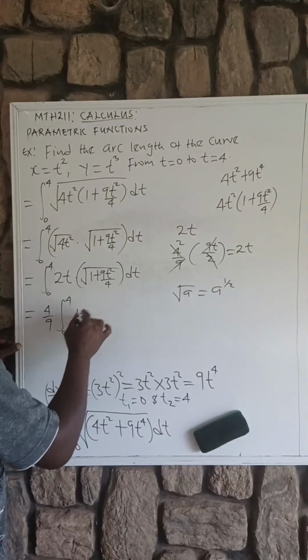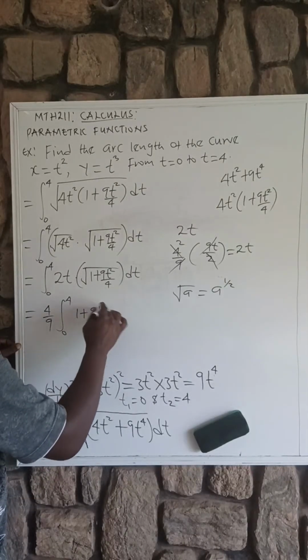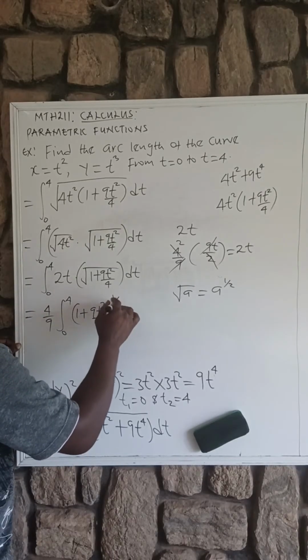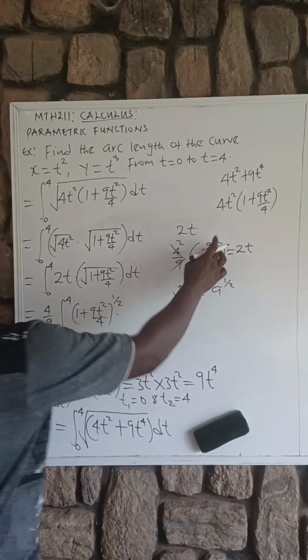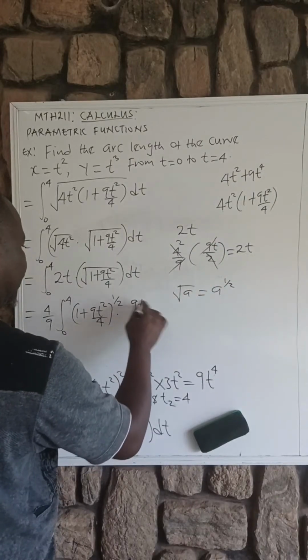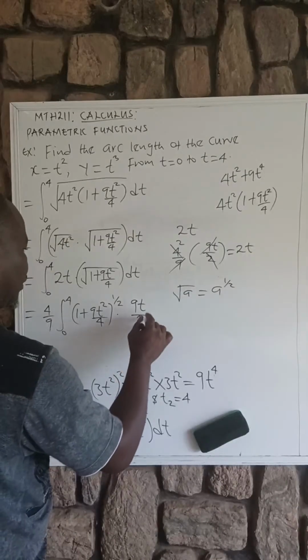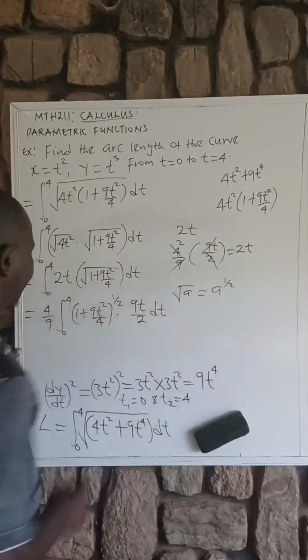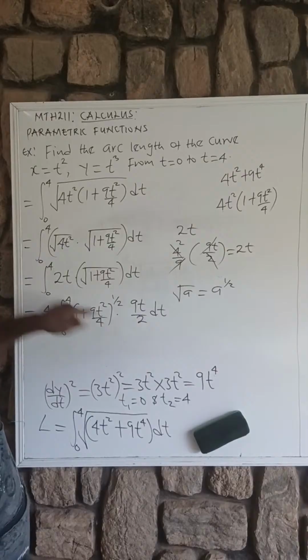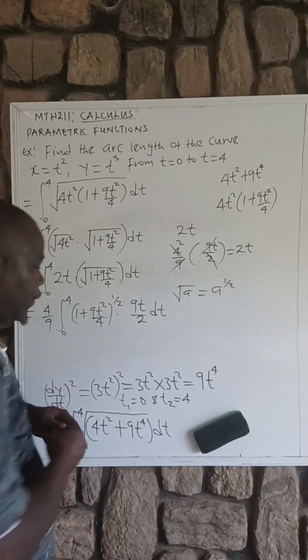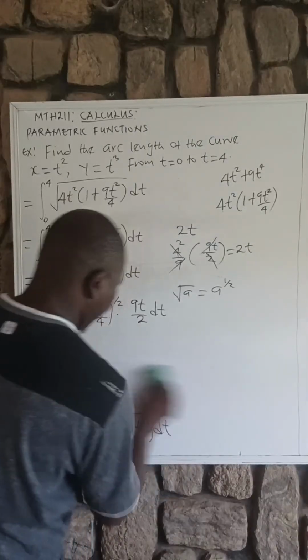So 1 plus 9t squared all over 4, close bracket, raised to the power of 1 all over 2, times 9t all over 2, right? The dt. It means this is the same thing as this. Look at the board very well.